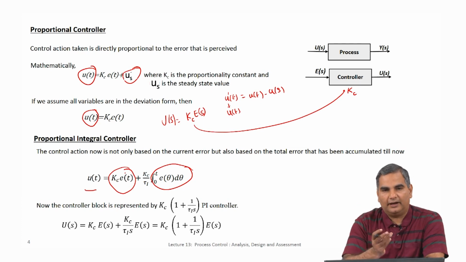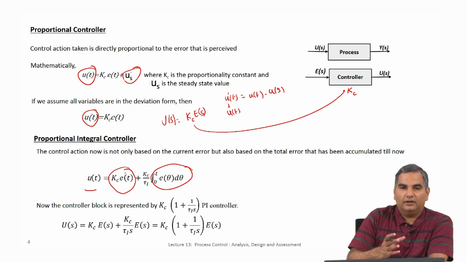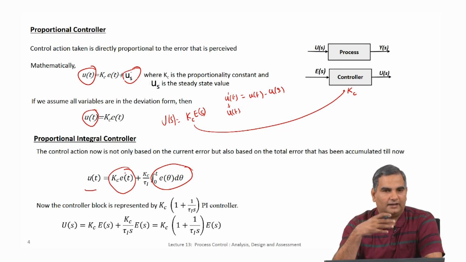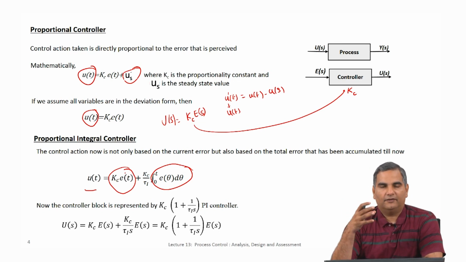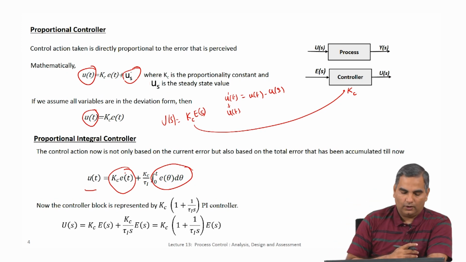So, I am going to take an action based on both the current error and the integrated error, right. It is like whatever past actions you have taken have all accumulated to some error, so you take that also into account.